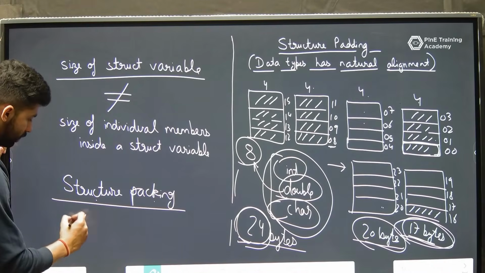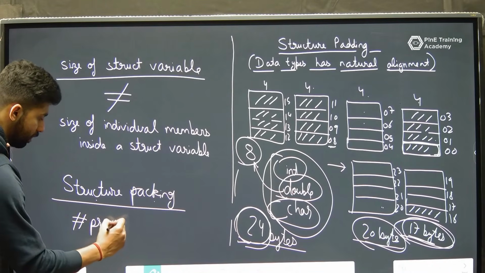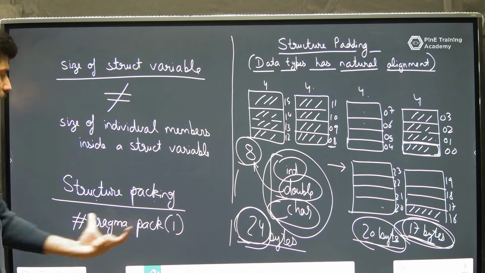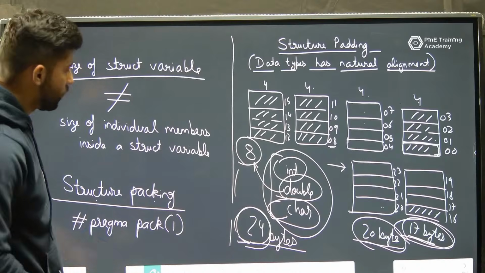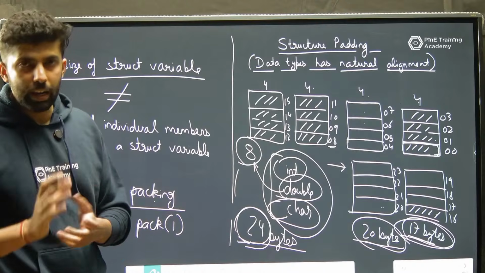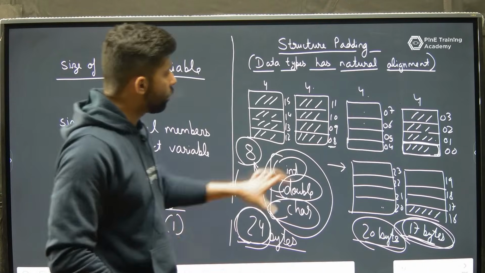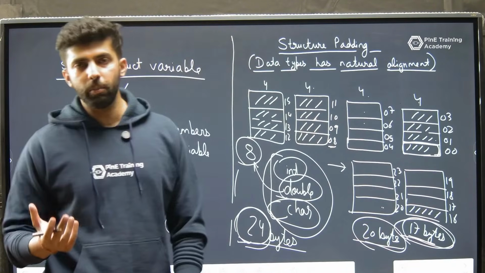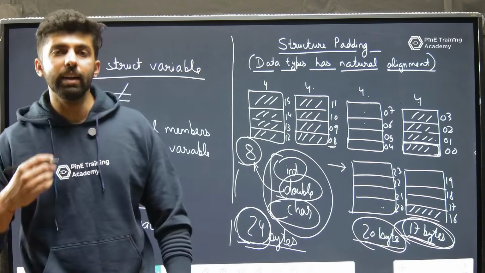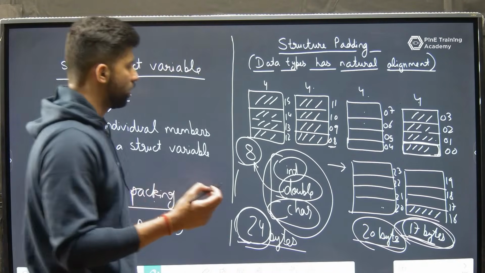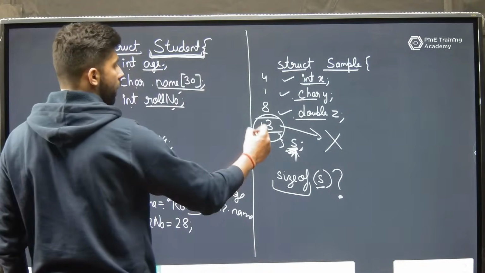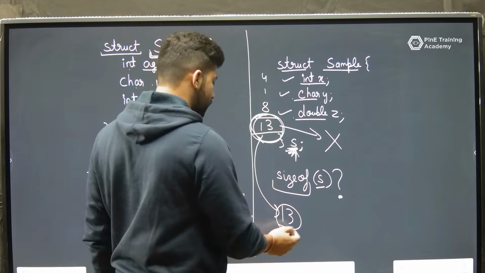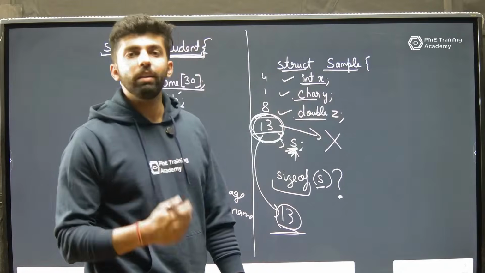For that, you can simply write this particular line in your code, and this will force the compiler that we should not leave any space here or here. So no padding will be done. And in this case, you will get the exact answer which you were getting here. So in this case, you will get 13. So when you apply structure packing, your answer for this particular case will be 13.